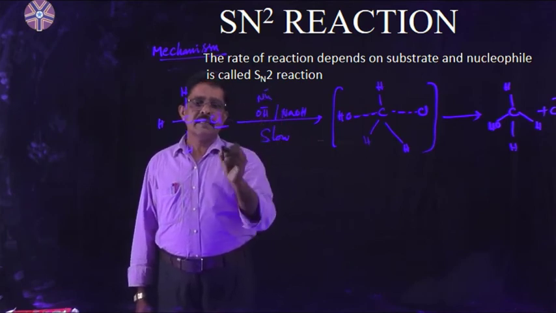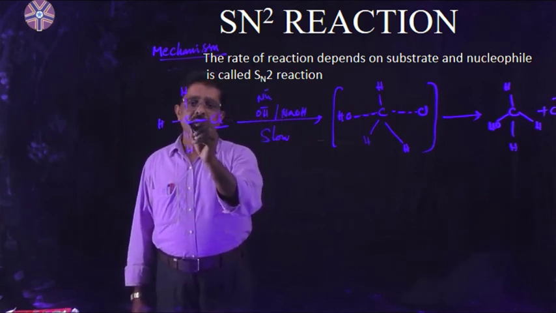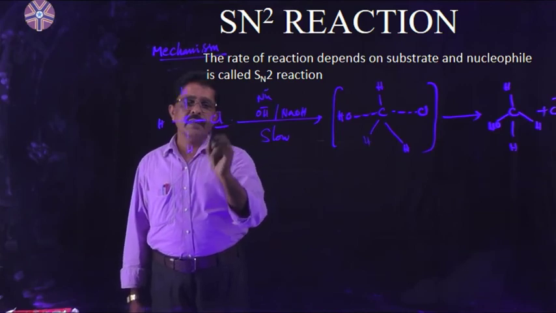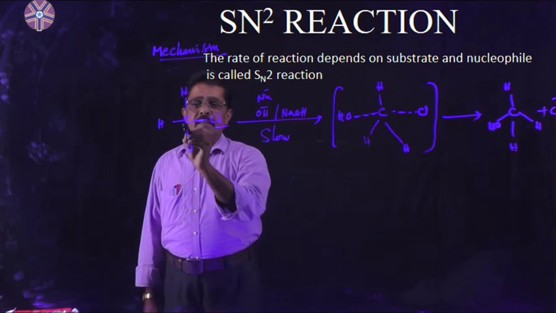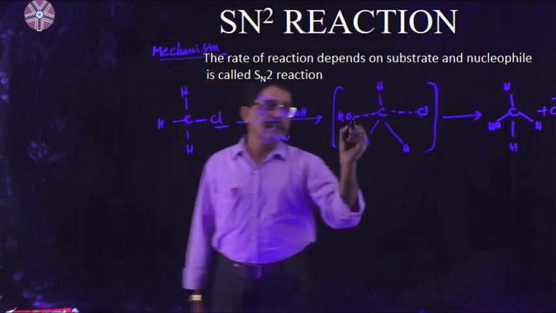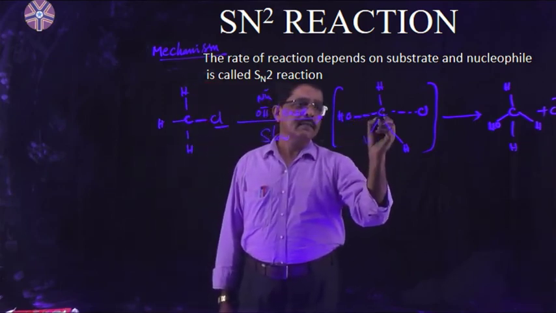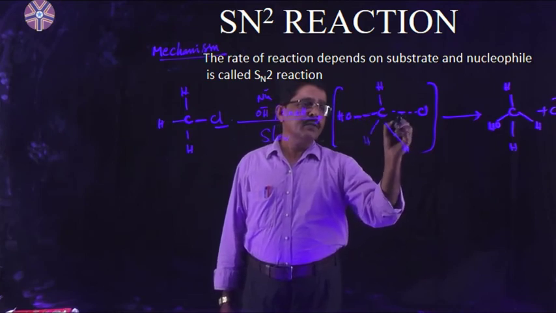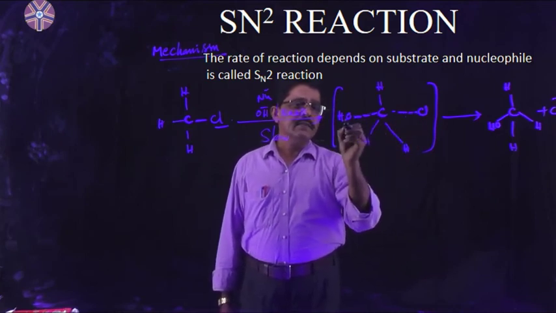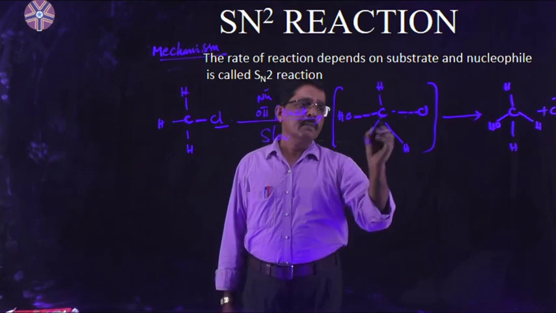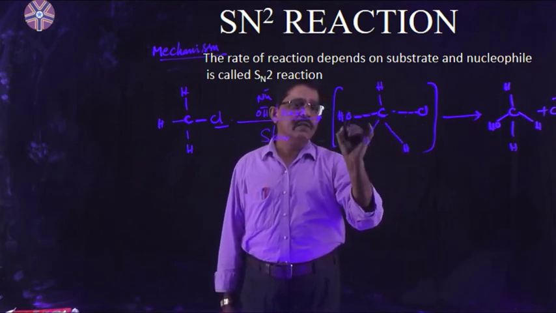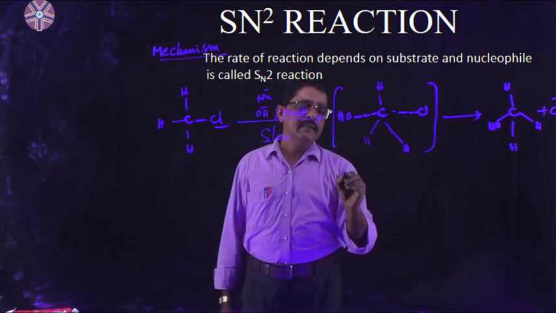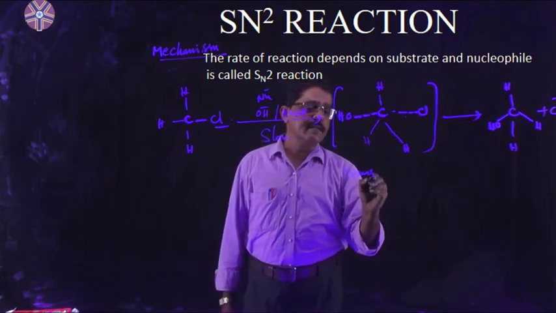The nucleophile attacks the carbon on the opposite side of the leaving group. The C-Cl bond breaking takes place and the C-OH bond is also formed. This state is said to be the transition state.